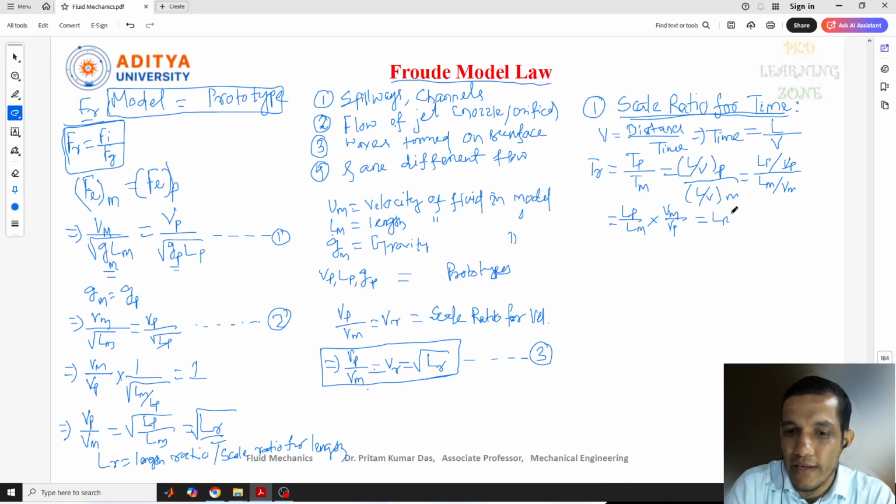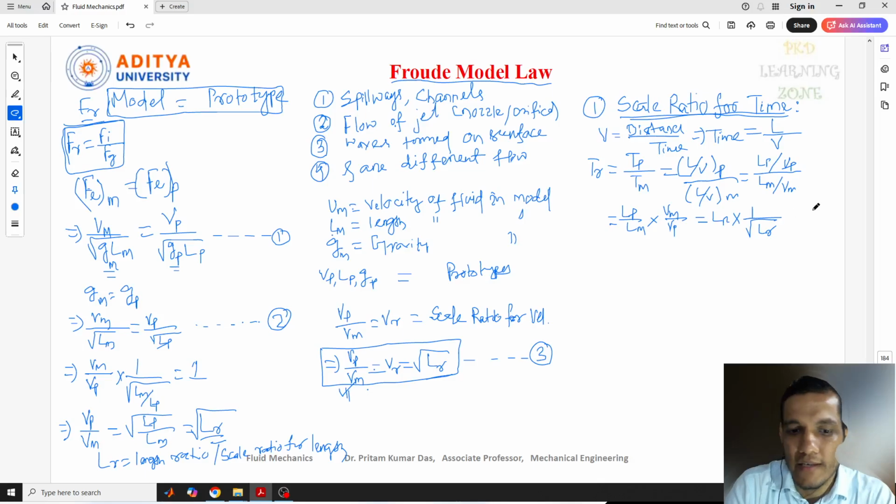VM by VP is there, that can be changed. So that one we can write in terms of VP by VM we got in the last. This is the equation we got previously: VP by VM equal to root over of LR. Now here we can write LP by LM, that is LR, into, I'll reverse it, that means 1 by root over of LR.